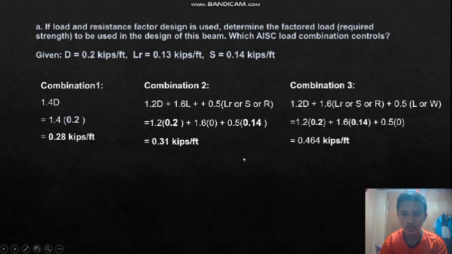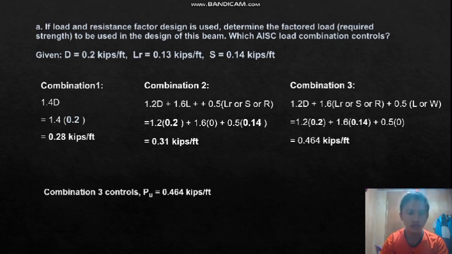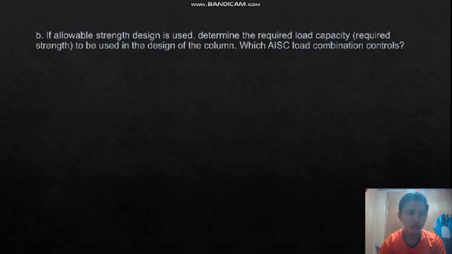So we can get 0.464 kips per foot. So combination 3 controls since it has the highest value among the other combinations. Then the required factored load is equal to 0.464 kips per foot.